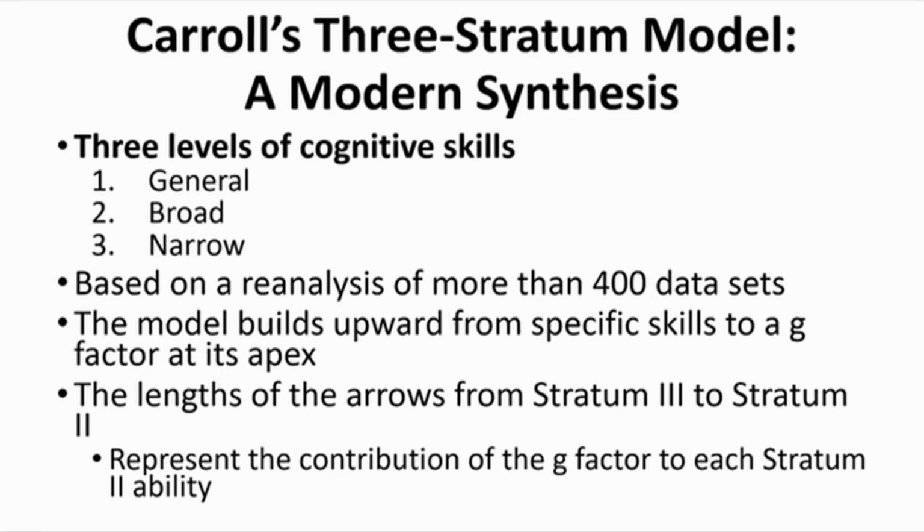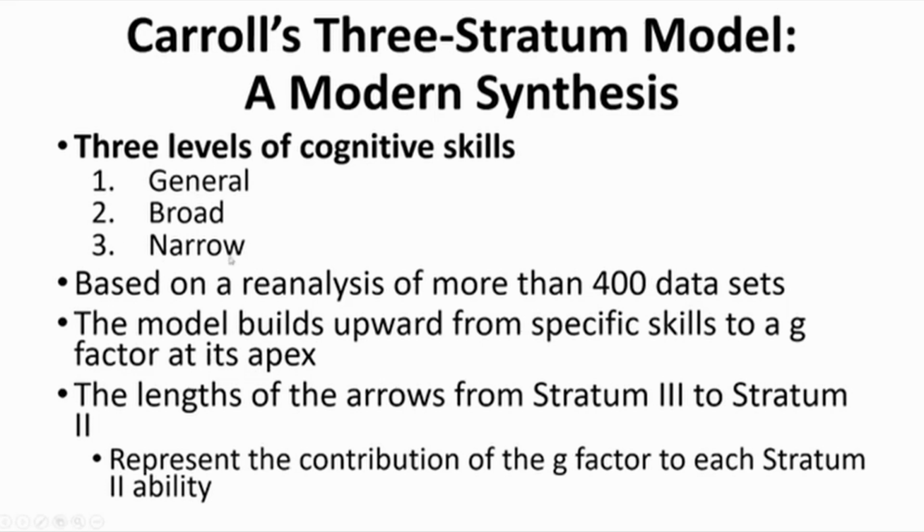So he took the three models that we've already talked about and condensed them into a single model. He called this the Three-Stratum model, or the Three-Stratum theory of cognitive abilities. And so his three strata, his three levels for these cognitive abilities, were general, broad, and narrow.